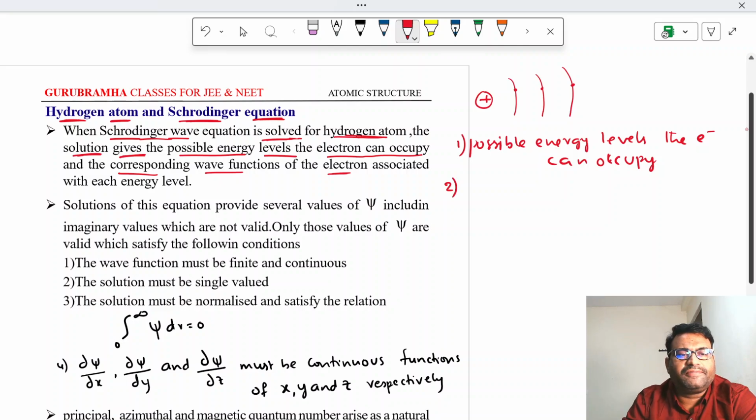Second, it also gives the corresponding wave function of the electron associated with each energy level.